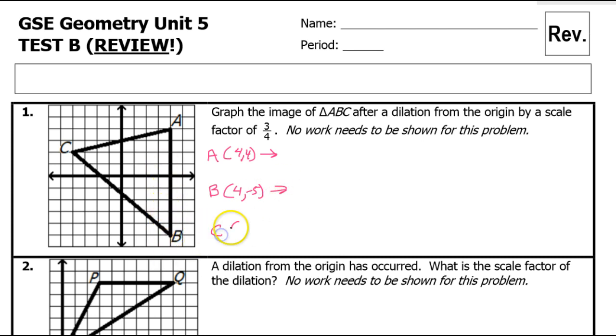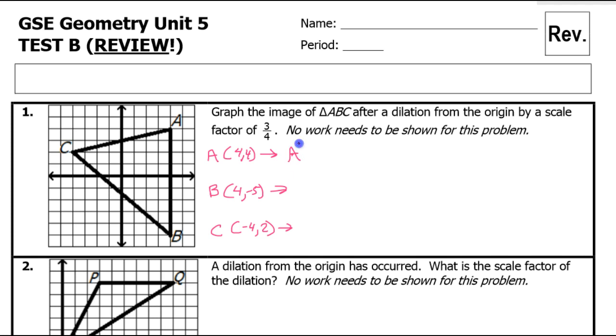And point C is the point (-4, 2). So when you dilate from the origin, you simply multiply by the scale factor.